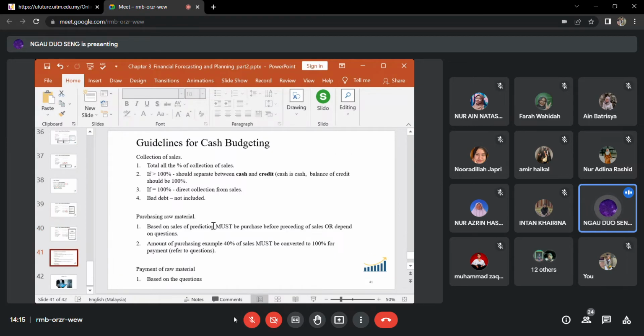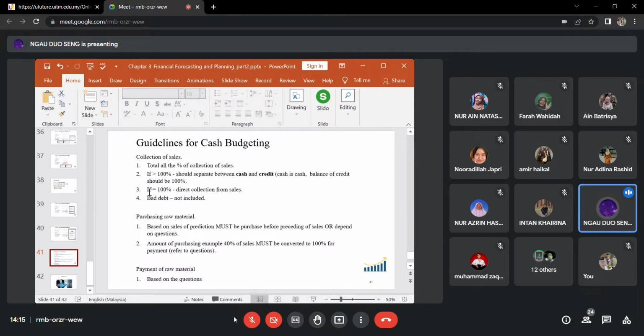Next, we have the guideline for cash budgeting when we want to prepare. So as we said here, collection sales, total all the percentage collection. This is what we repeat again, recap. So you total all the percentage of the sales. If greater than 100, then we are using indirect. Should separate between cash and credit sales, right?